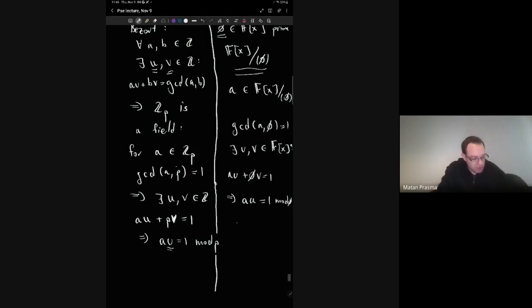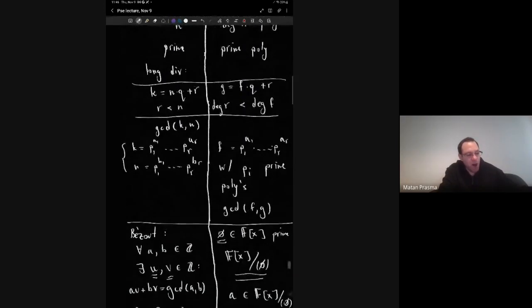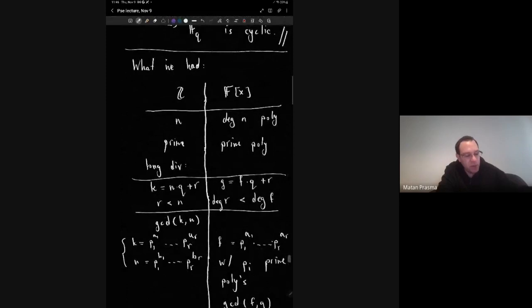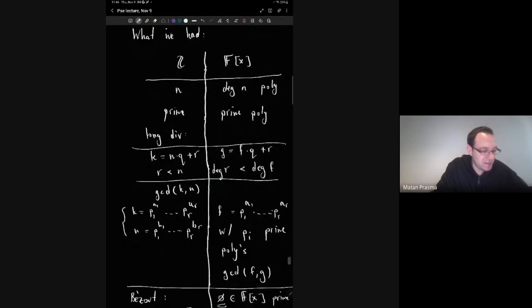So all in all, F[x] modulo phi is a field. Okay, so this shows you how far the analogy between integers and polynomials can take you. I think it's quite surprising that you could use this analogy for that long.